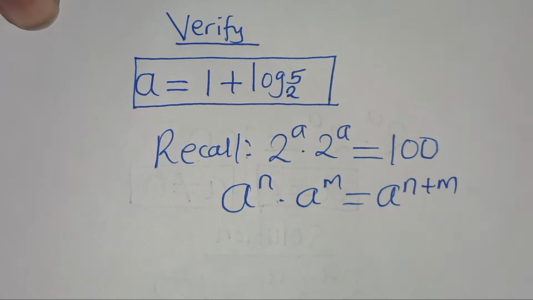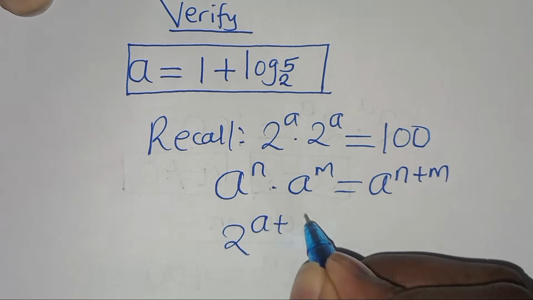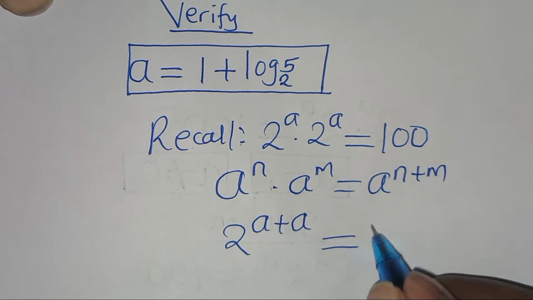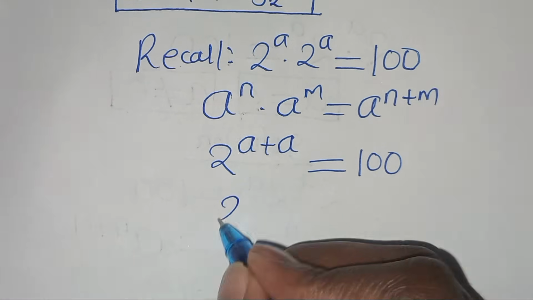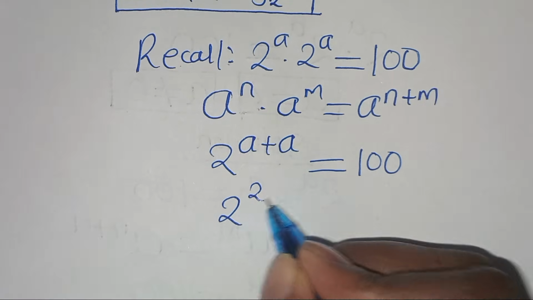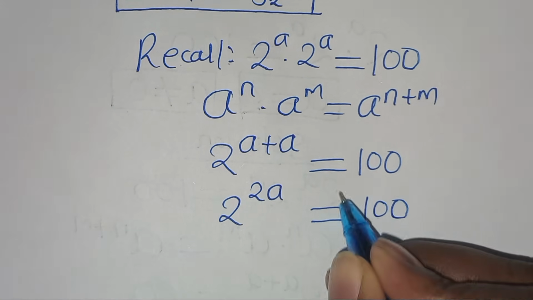Applying this exponent property, we have 2 to the power of A plus A, which is equal to 100. So here we have 2 to the power of 2A, and this is supposed to give us a value of 100.